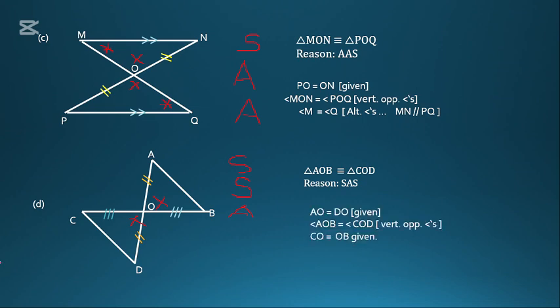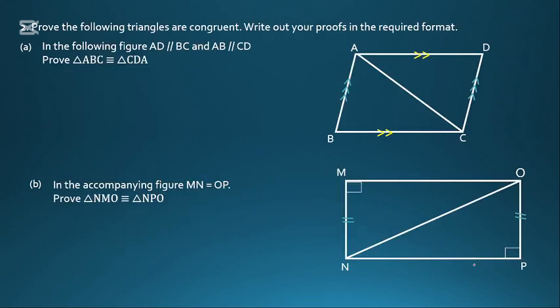And I have it here for you, in case you didn't understand it properly. AO and DO. Angle AOB equals angle COD because they are vertically opposite angles, and CO is equal to OB because it is given to you. Alright, that must be in between brackets. Next.